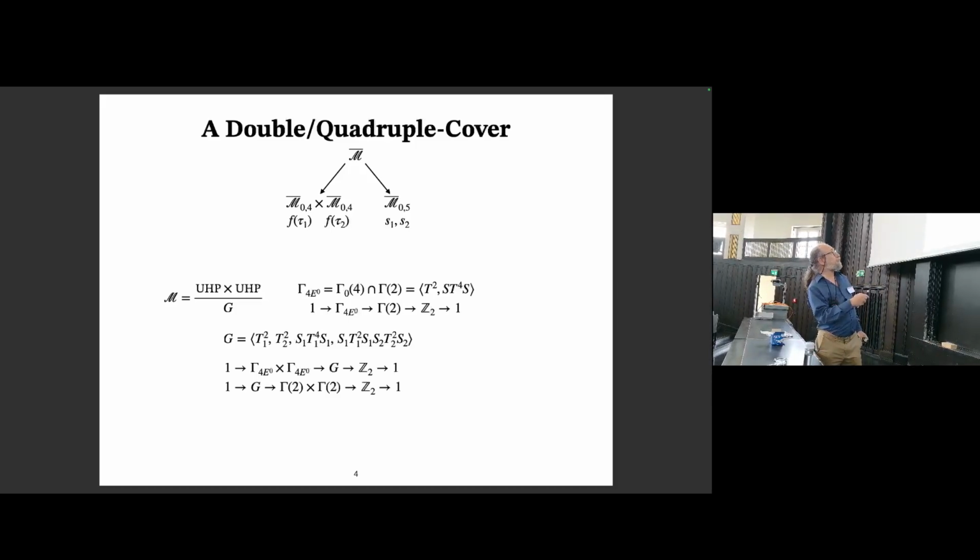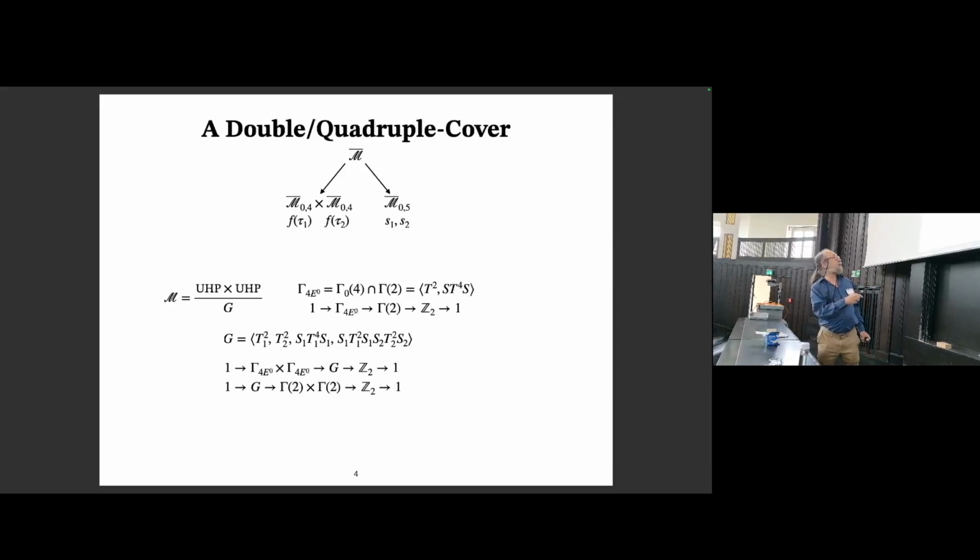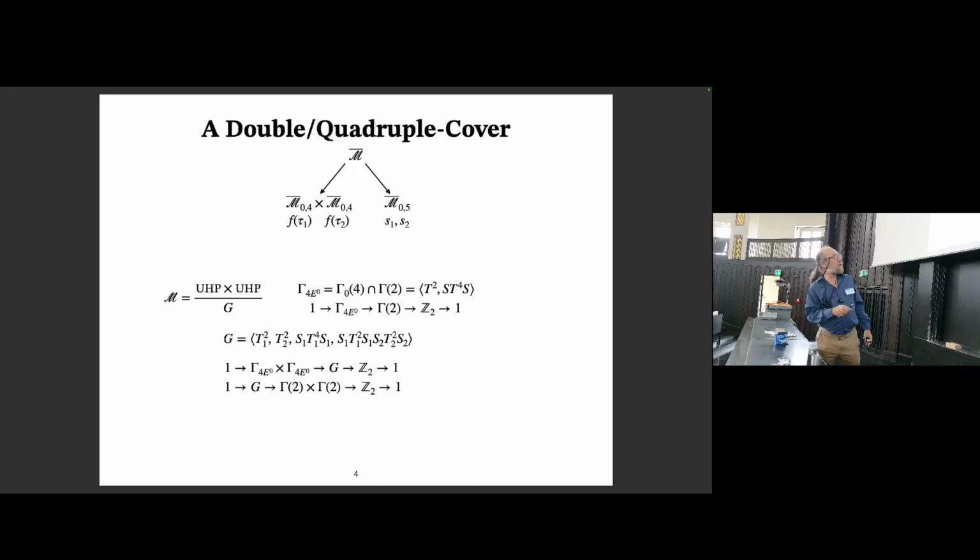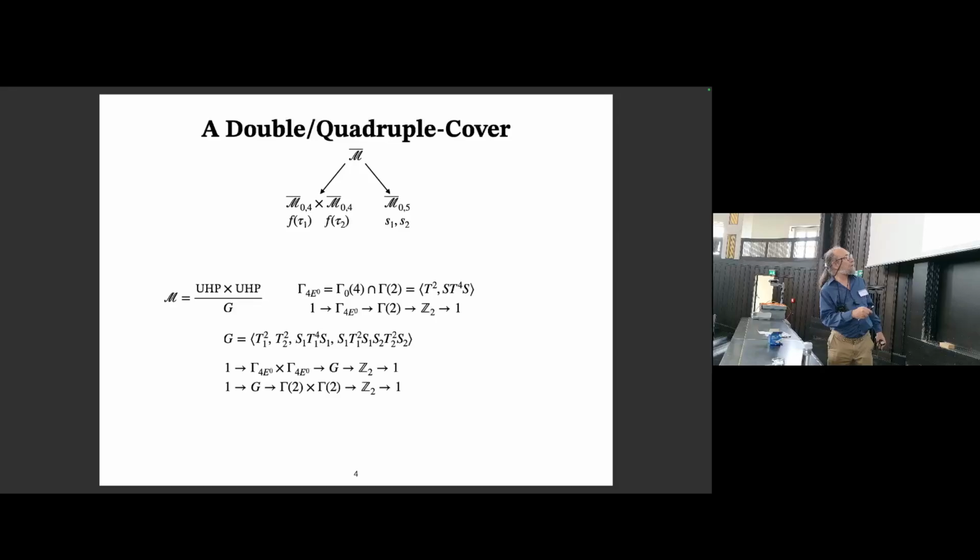But it's actually the quotient of two copies of the upper half plane by some group G that sits as an index 2 normal subgroup of Gamma(2) cross Gamma(2), the thing you were expecting.